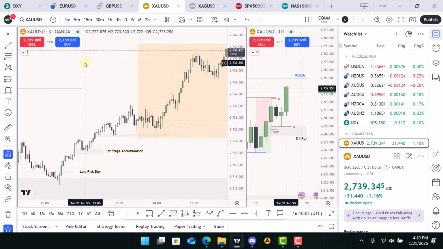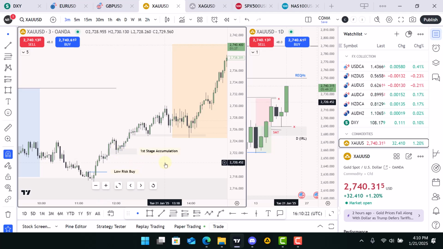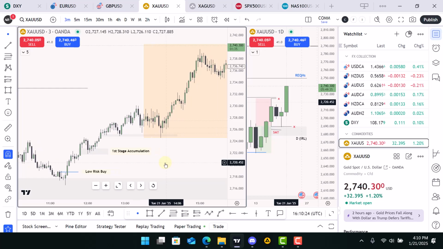On the 3 minute chart, that was where I found this entry, the first stage accumulation entry. So with a low risk buy, I had missed it and came back to the first stage accumulation entry. This was an internal range liquidity that I placed my trade at to capture a 2 hour.